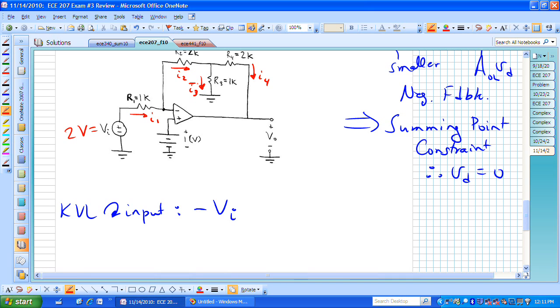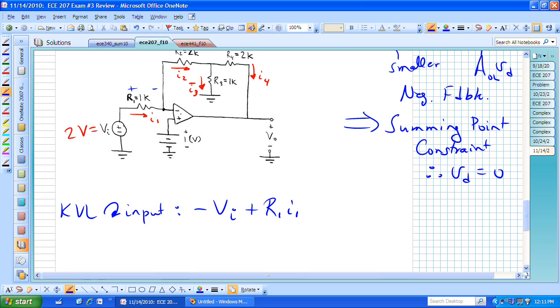If I now do KVL around the input, I have minus V sub I going into the negative terminal. With the passive sign convention, I'm dropping a voltage across that resistor from left to right, and I have R sub 1 I sub 1.